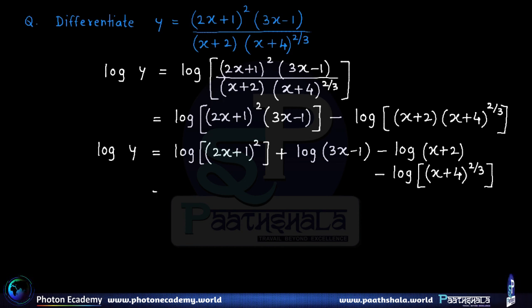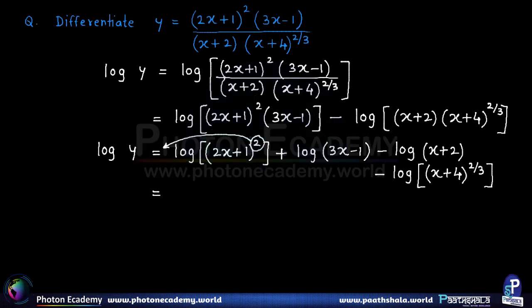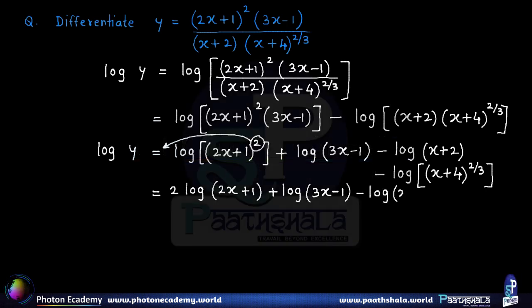Okay, now if you want we can simplify that further, that is the index 2 can be brought down as a multiplier. So that is 2 log of (2x plus 1) plus the second term as it is, which is log of (3x minus 1), minus the third term also as it is, that is log of (x plus 2), and minus the last term, 2 by 3 into log of (x plus 4).